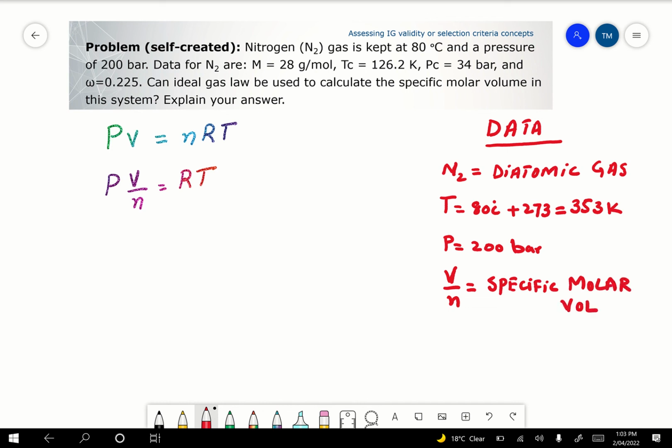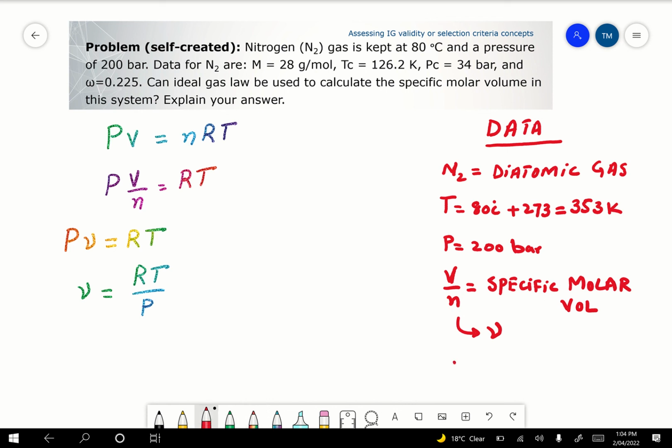This is what we are looking for, and this is denoted by small v. Because we need to calculate specific molar volume, that is equal to RT over P. So we need information for R, which is the universal gas constant.